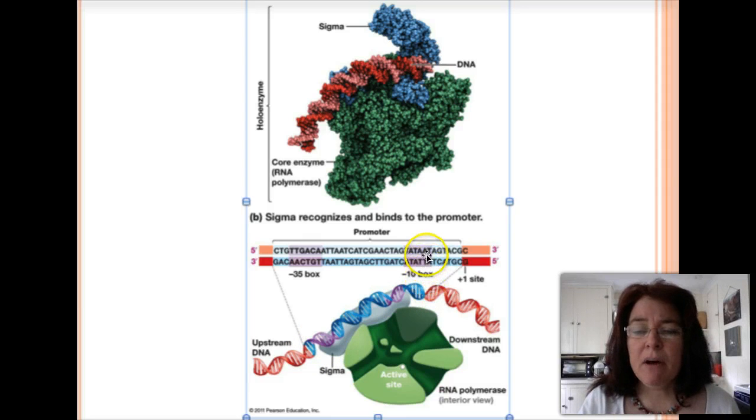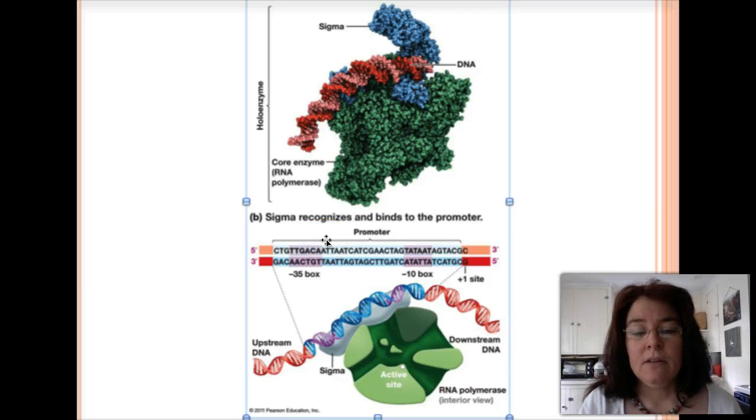So look just above this region, and you'll see the double strand of DNA, and then this bottom strand represents our template strand, and the top strand represents the coding strand or non-template strand. It's in this coding strand that you'll see these two regions, TATAAT at the -10 position, and TTGACA at the -35 position.